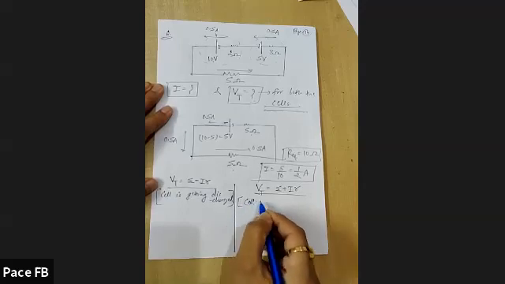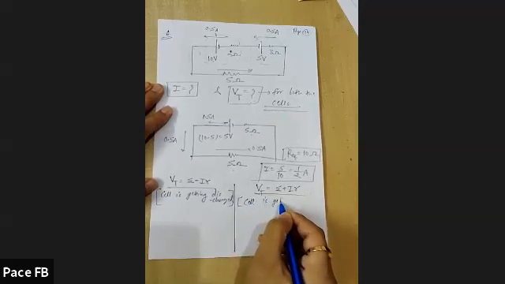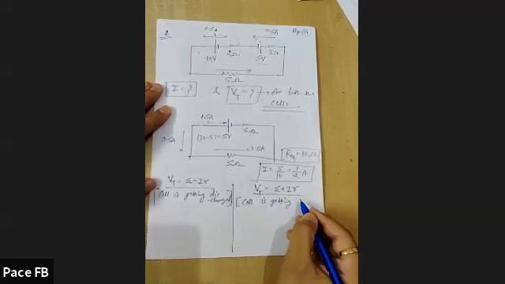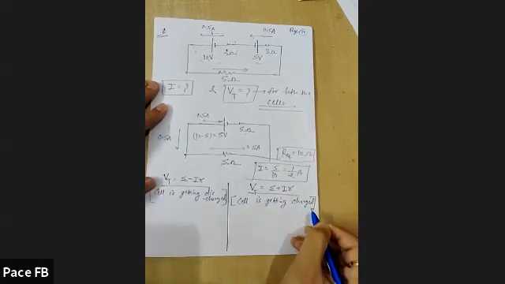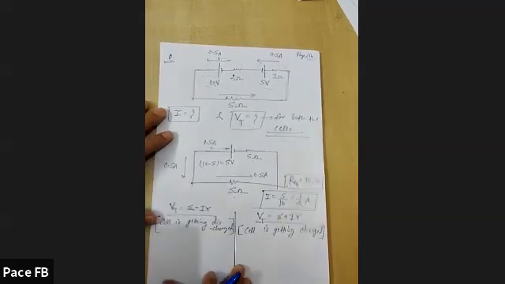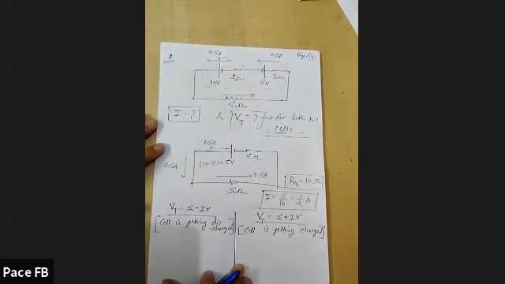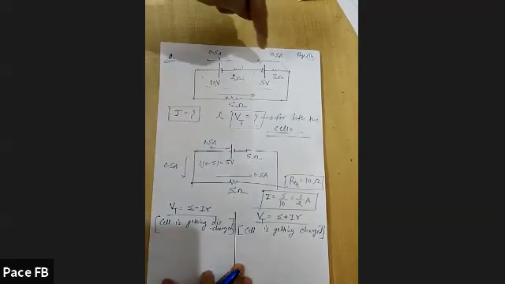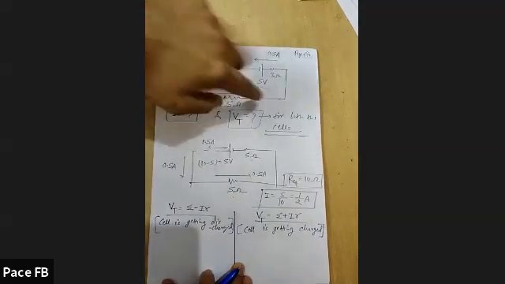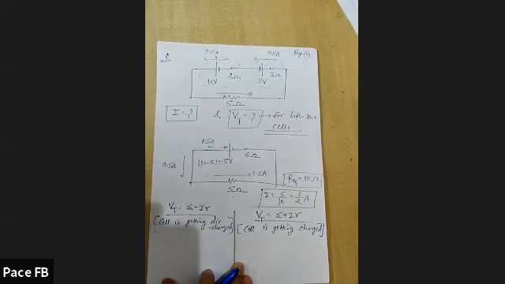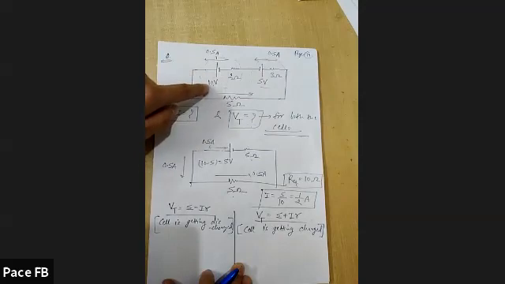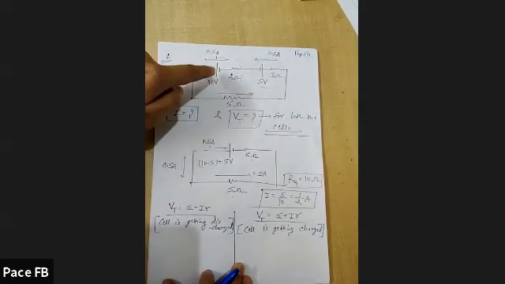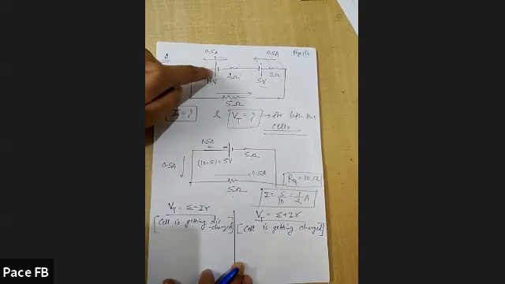When the cell is getting charged. Now you will ask me, what is this charge and discharge? So now in this particular question, you can see the direction of current is from right to left, in anti-clockwise sense, basically. So this particular cell with EMF 10 volt and internal resistance 2 is getting discharged.